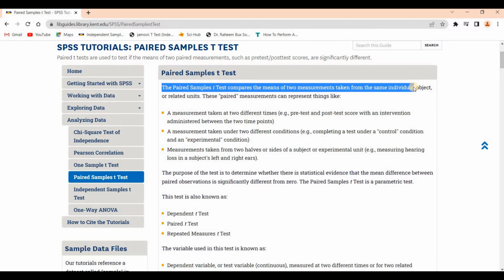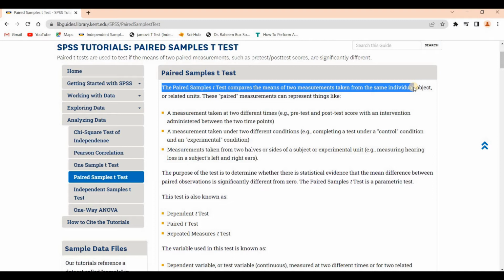For example, there's one group of patients. To this group of patients, you are administering some drugs. Before administering the drugs, you are taking some data from them, and then you are computing the mean of the data. After administering the drug, you are collecting the data from the same group of patients, those who have been administered the drug.